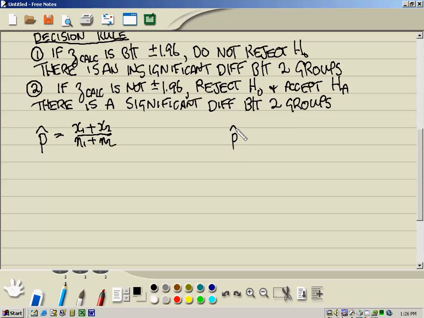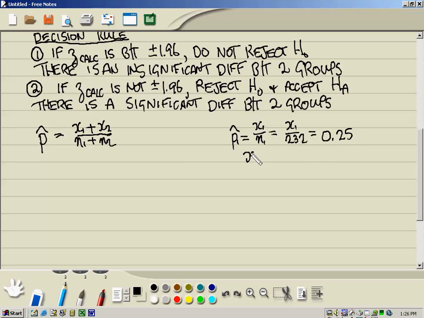So we have that p1 hat is calculated by the formula x1 divided by n1, and we know what n1 is. That's 232. And the result was given to us as 25%.